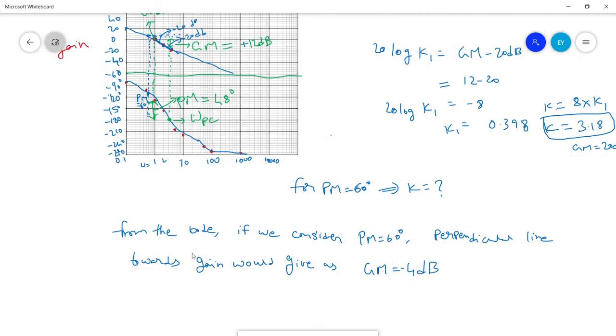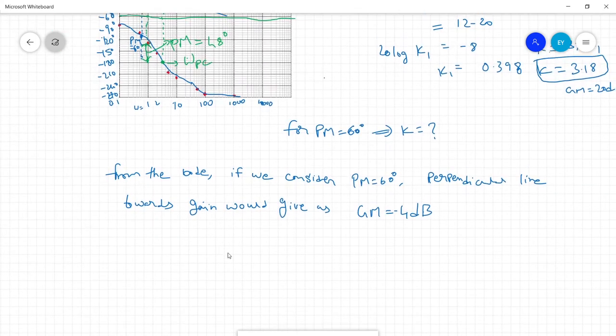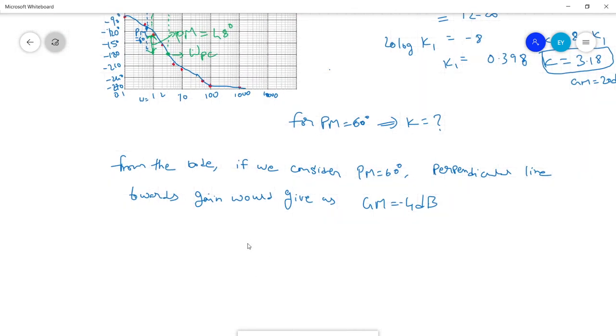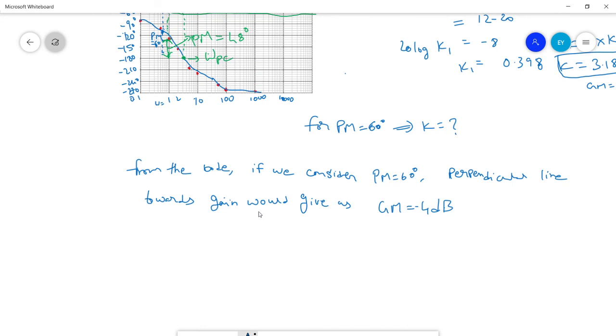It would be 4 dB, so the deviation is minus 4. Therefore 20 log K1 is equal to minus 4 dB.